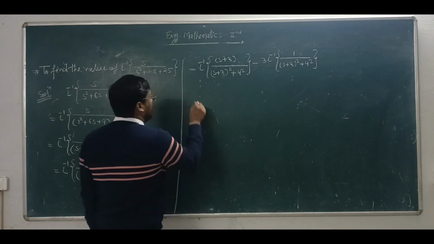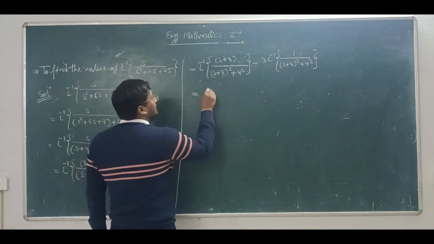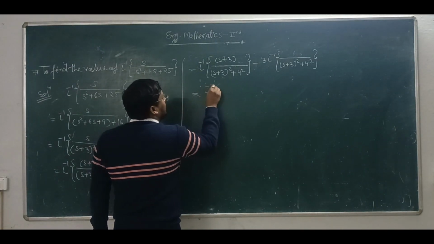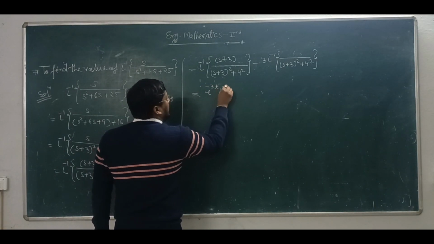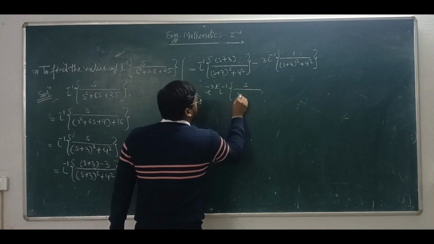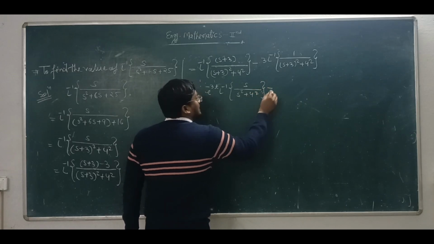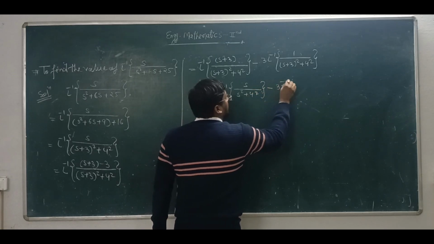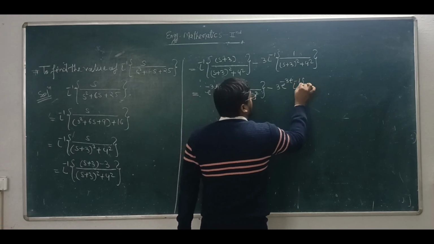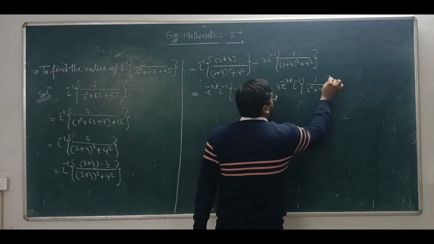Now again solve. Using the first shifting property, e to the power minus 3t L inverse of s upon (s square plus 4 to the power 2) minus 3 e to the power minus 3t inverse Laplace of 1 upon (s square plus 4 to the power 2).